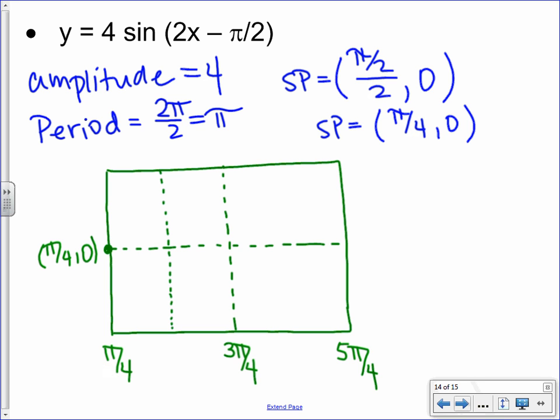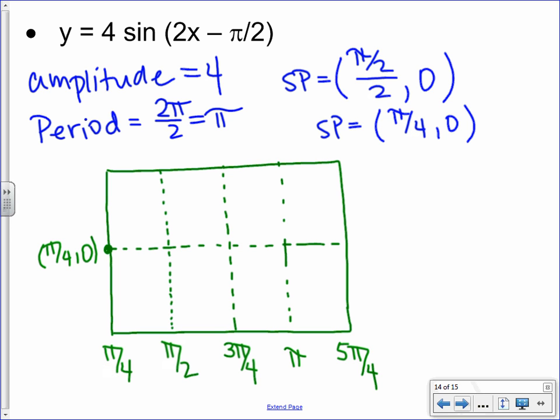Halfway between pi over 4 and 3 pi over 4: add the 2, divide by 2, 1/2 pi. If you need to work with the fractions and then throw in the pi later, that is fine. And then halfway between 3/4 pi and 5/4 pi would be 1 pi.